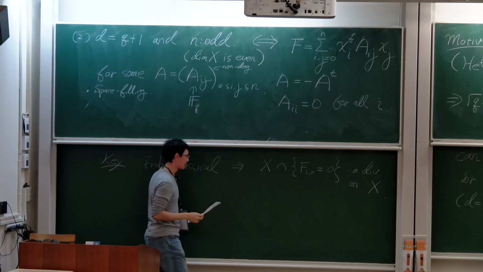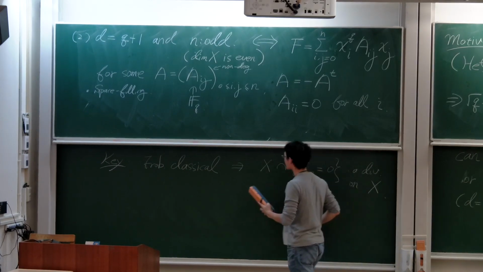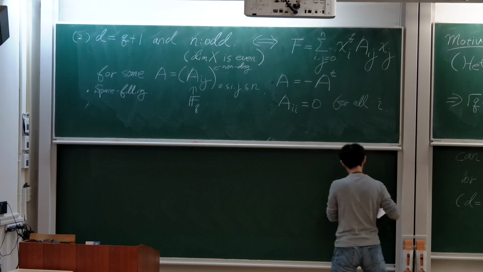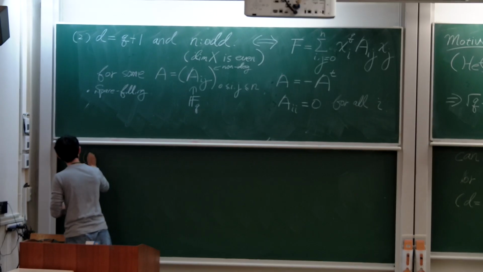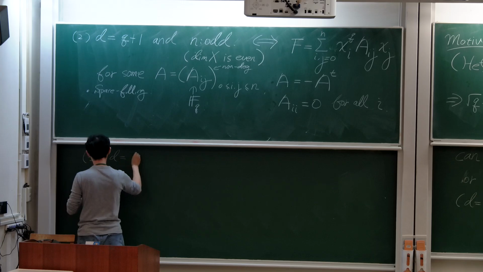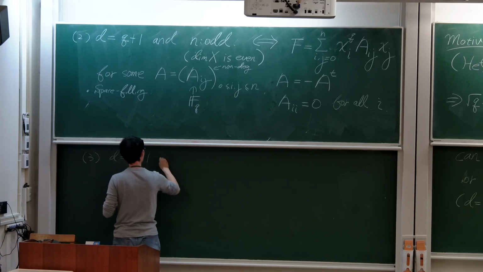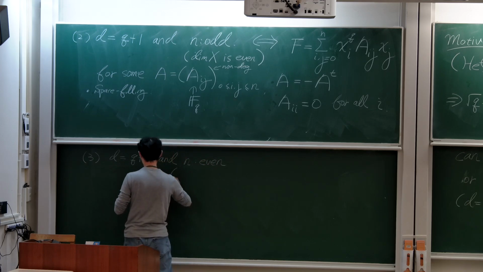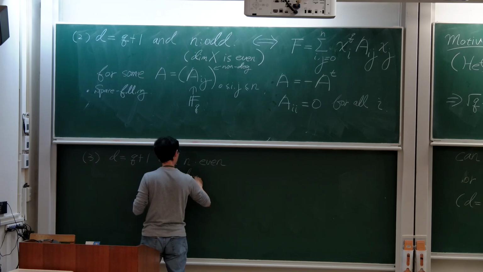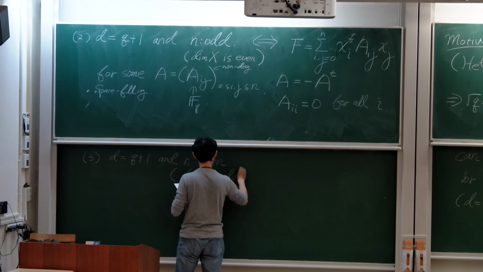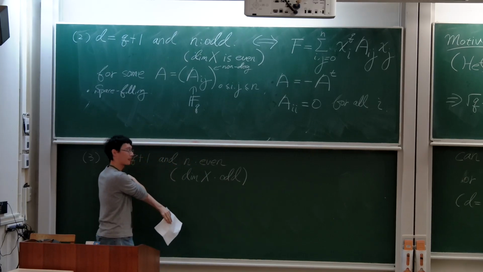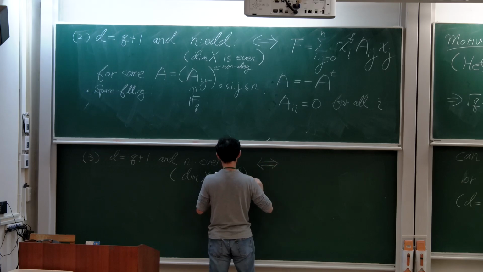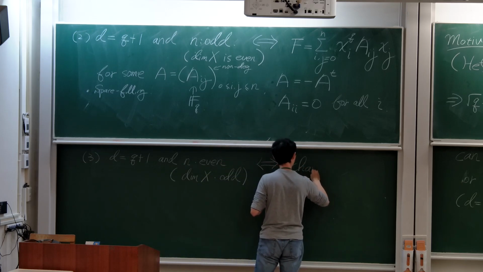Okay, so now here comes the last case. If d is q plus 1 and n is even, or equivalently when the dimension of X is odd. In this case, this case occurs if and only if the characteristic is 2.